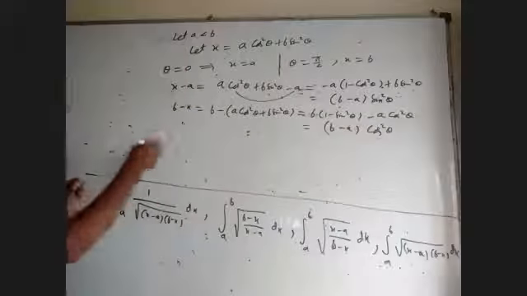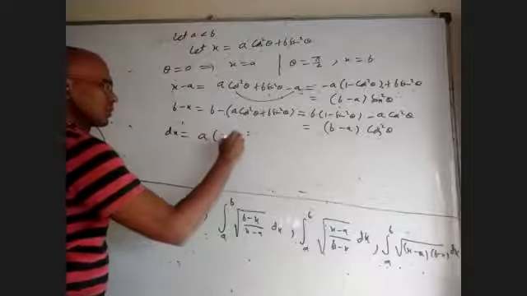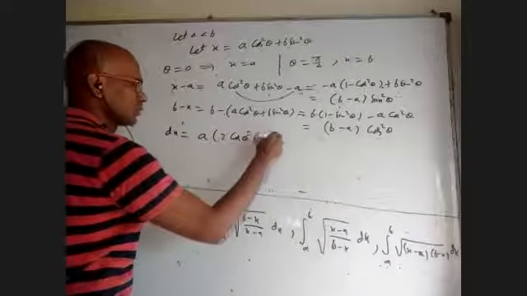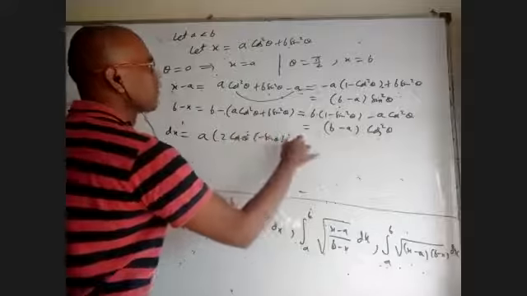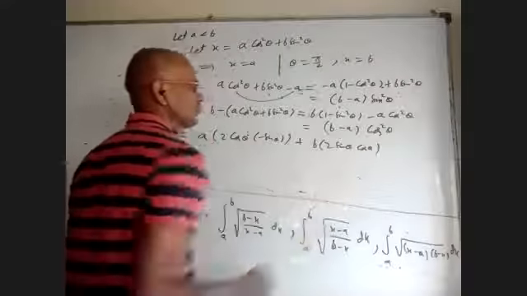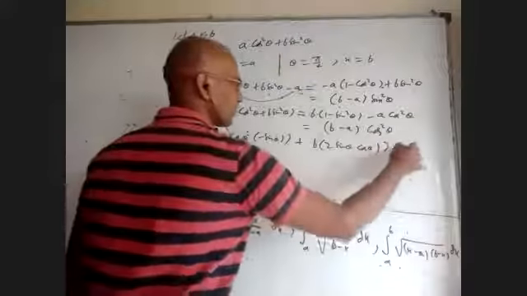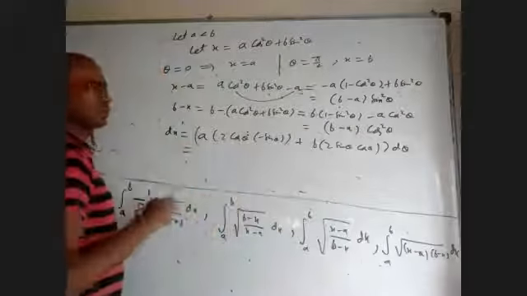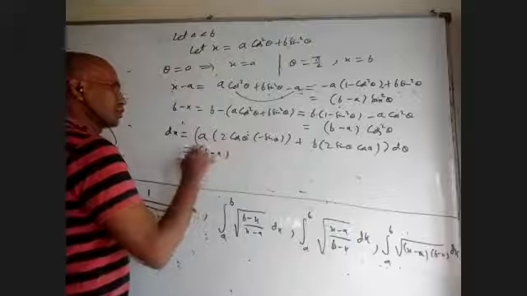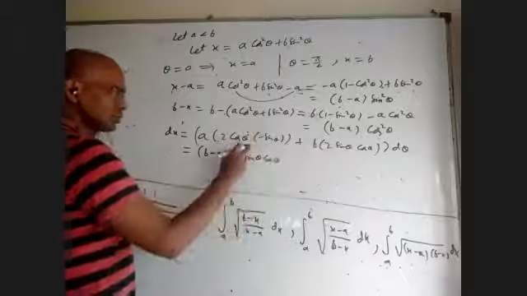And what will happen to dx? a into the derivative of cos square theta is 2 into cos theta into minus sine theta, and of sine square theta is 2 into sine theta into cos theta, into d theta, of course. So it will become b minus a into 2 sine theta cos theta. This also 2 sine theta cos theta, with a minus.